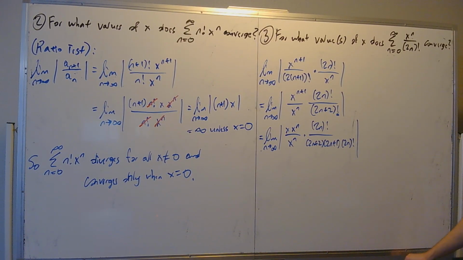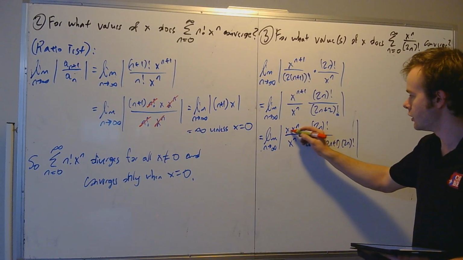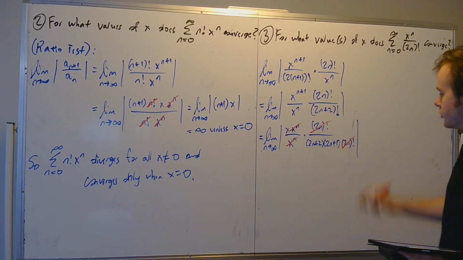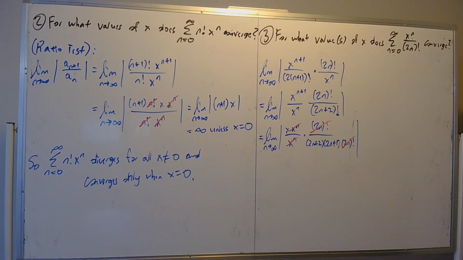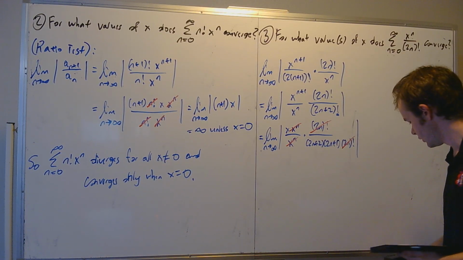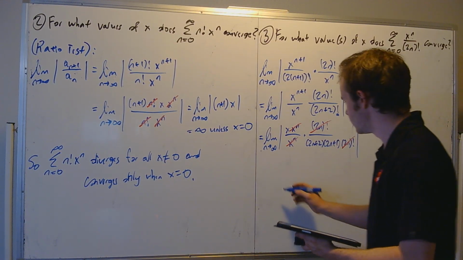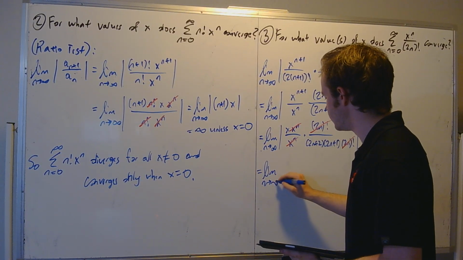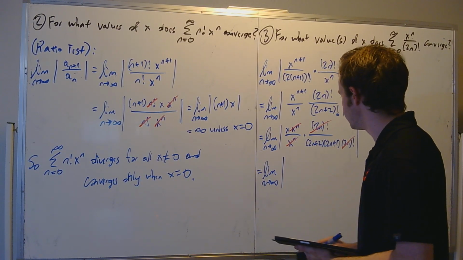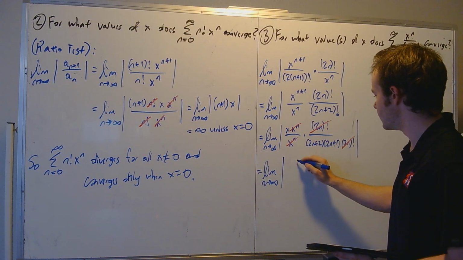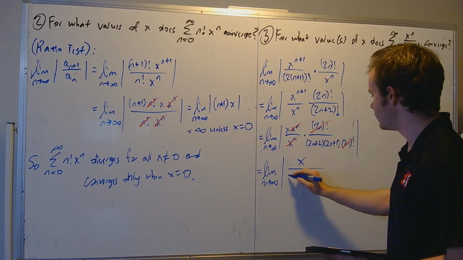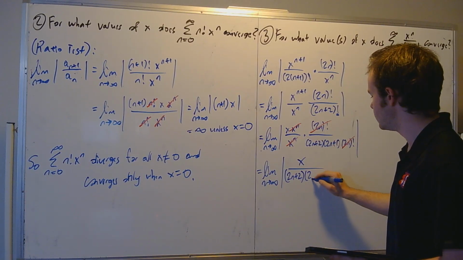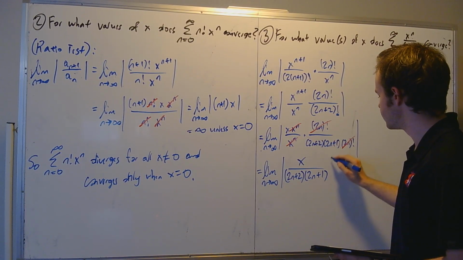Okay, so now you can see what cancels. This x to the n is going to cancel out, and this 2n factorial is going to cancel out. So now if we rewrite this, we're going to be left with the limit as n goes to infinity of the absolute value of x over 2n plus 2 times 2n plus 1.